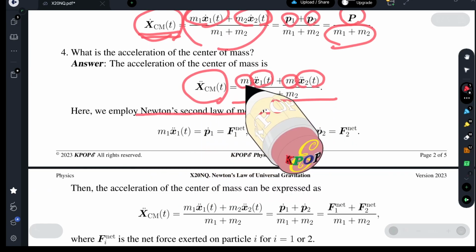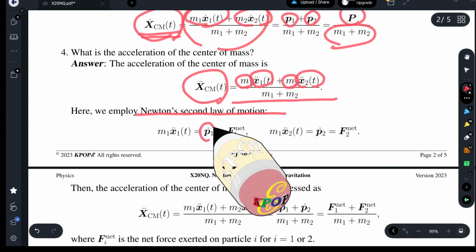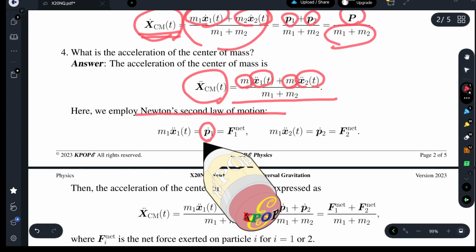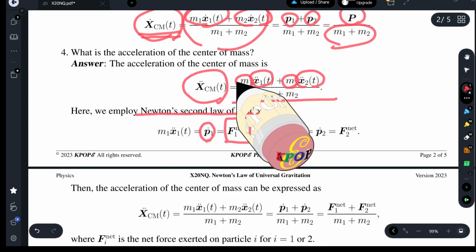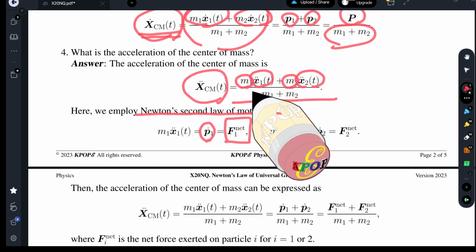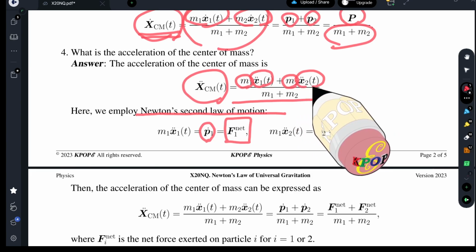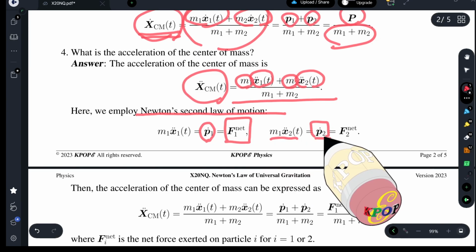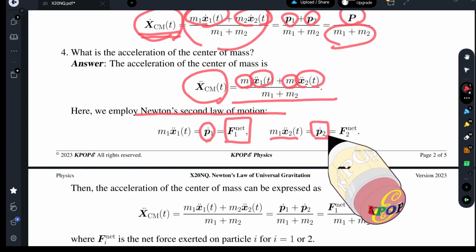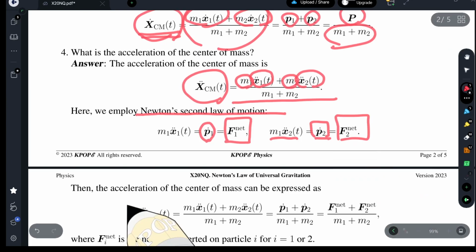Then we find that mass times acceleration is the first order time derivative of linear momentum, and actually that is the net force applied to particle 1. That is true for the second particle, so m2 x2 double dot is the time derivative of the linear momentum of the second particle, and that is identical to the net force applied to the second particle.